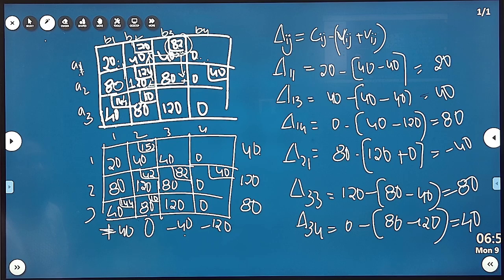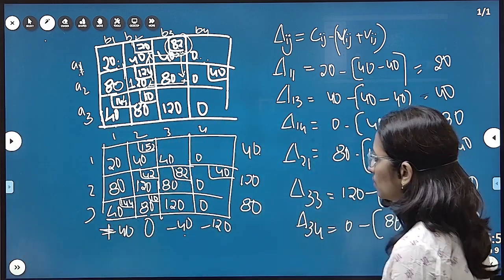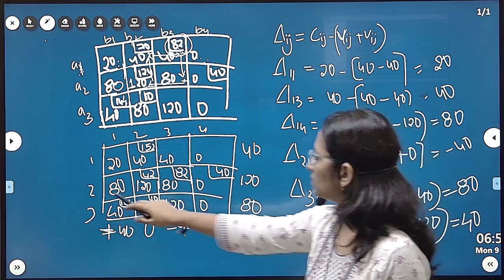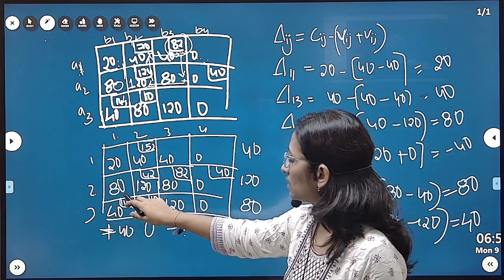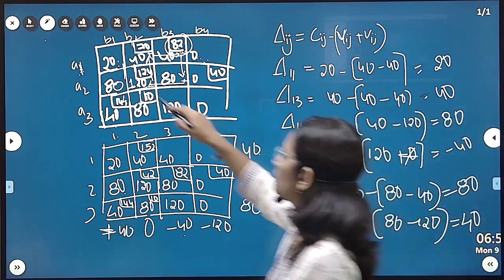Actually, this is plus value only. Actually here we have missed it, it's not 0. Look at the value of 2 1, it will be minus 40. Yes, this is not 0, it's 40.